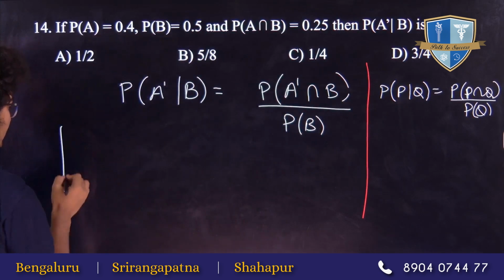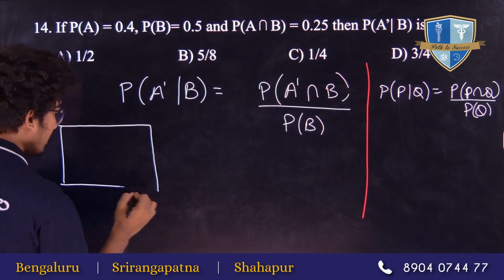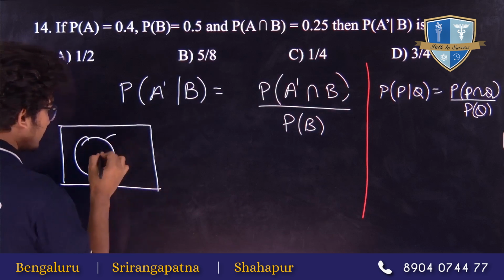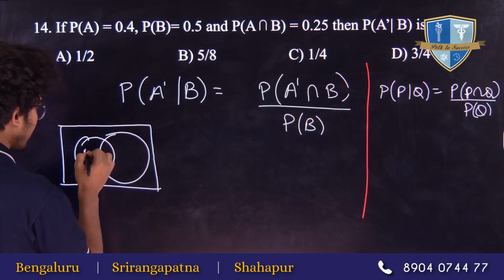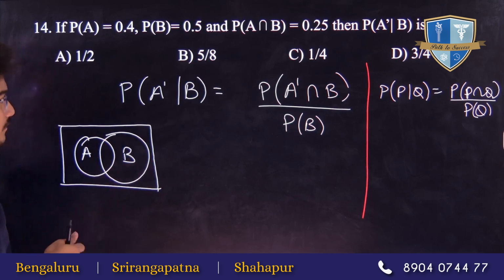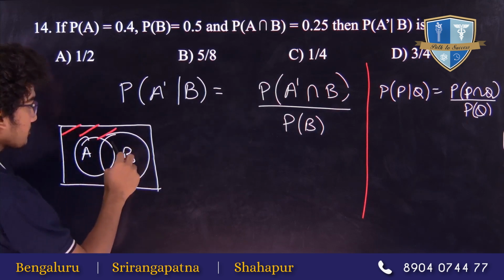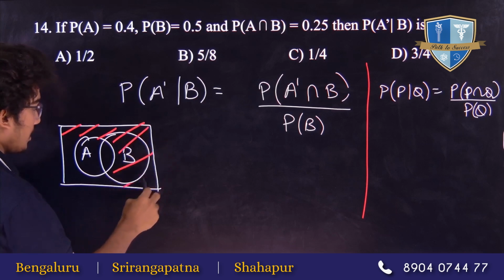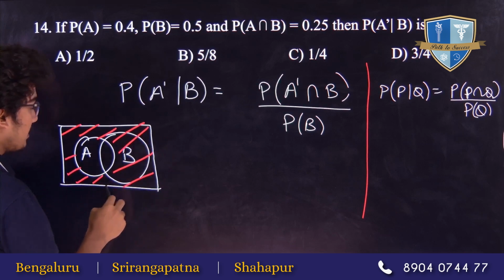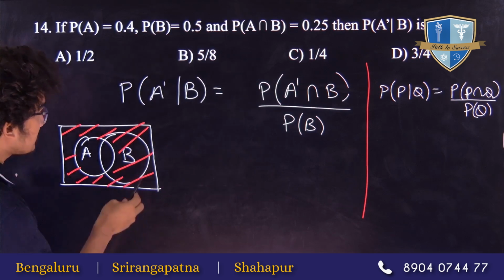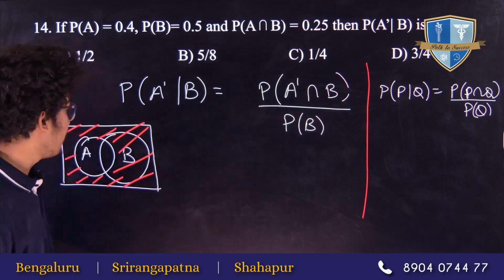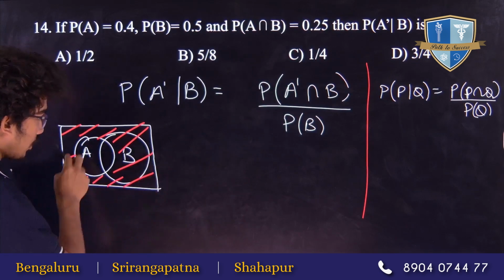Now if you see the Venn diagram of A and B, this is A and this is B. So what will be A dash? A dash will be the entire area outside A, correct? This is our A dash, and B is A dash intersection B. So what is common between A dash and B?